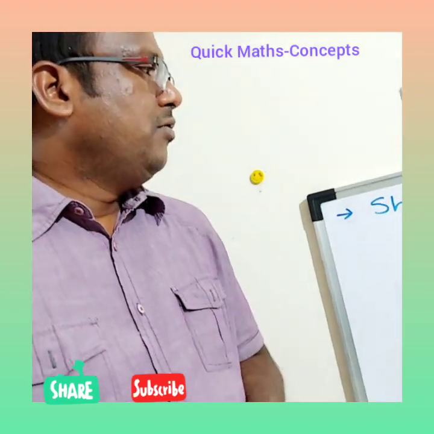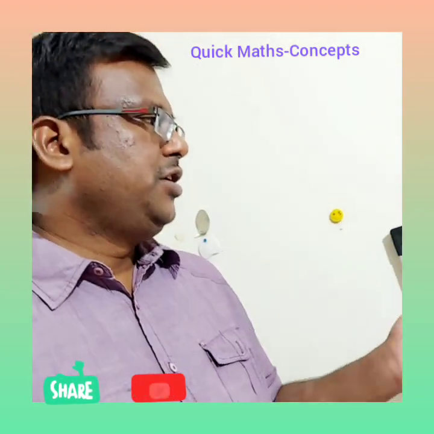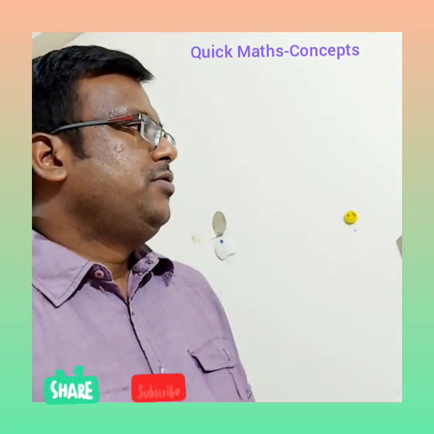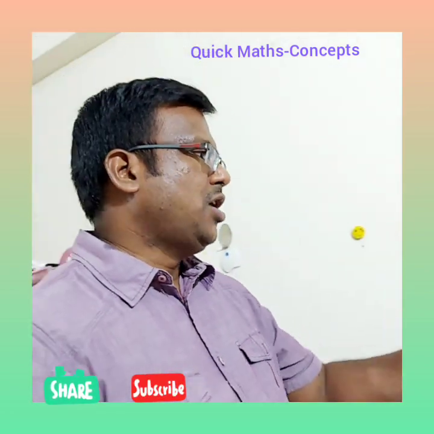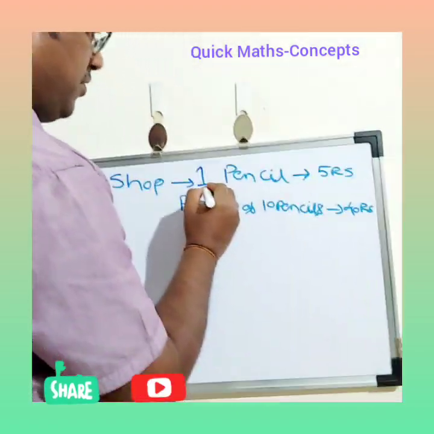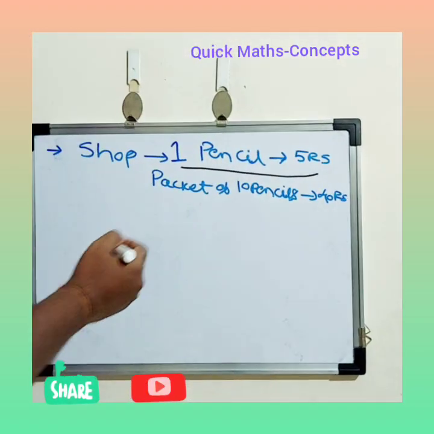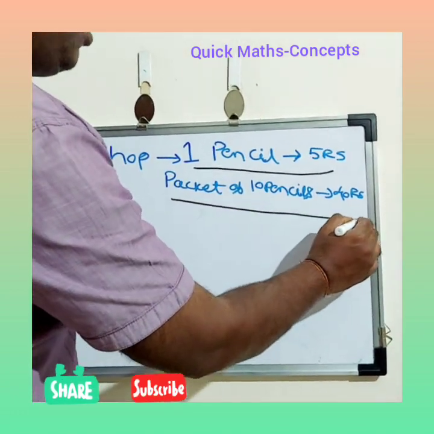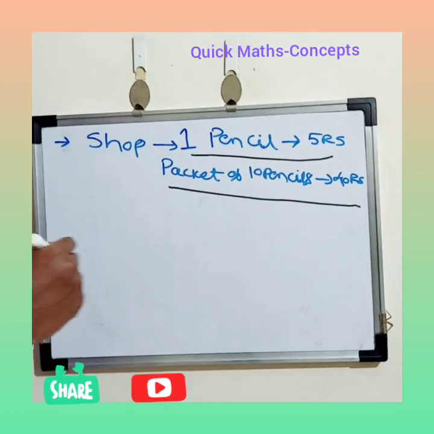Now we'll discuss one more problem. This is a little bit complex compared to the previous problem. There is a shop, and the shopkeeper sells one single pencil for 5 rupees. But if a customer purchases a packet of 10 pencils, he sells it for 40 rupees.